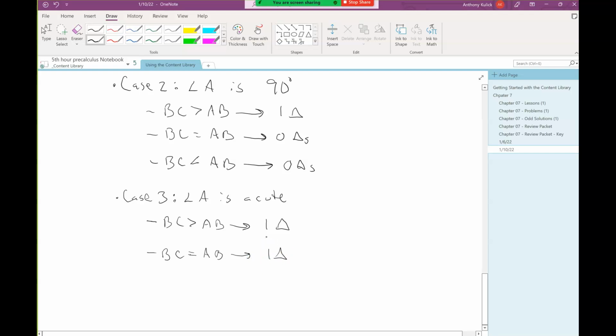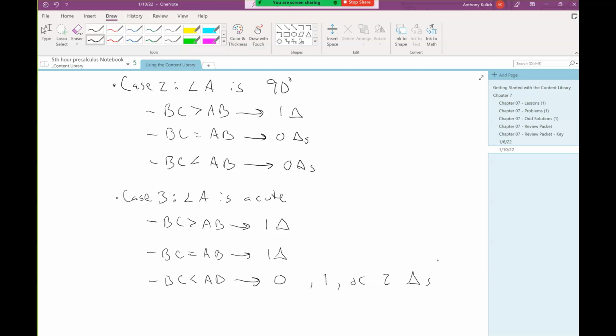There's only one way we can make a triangle there. But when BC is less than AB, this is when all heck breaks loose, because we can have 0 triangles, 1 triangle, or 2 triangles. Ugh.